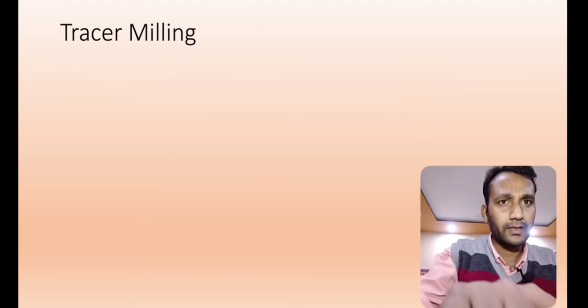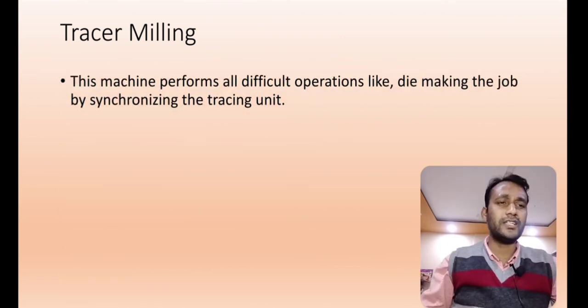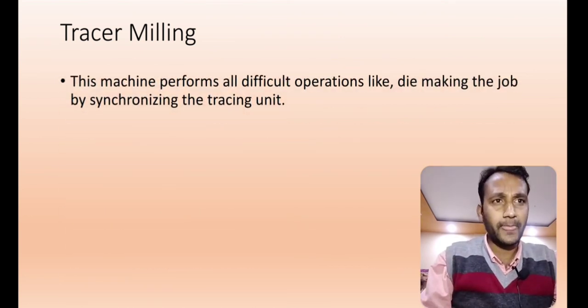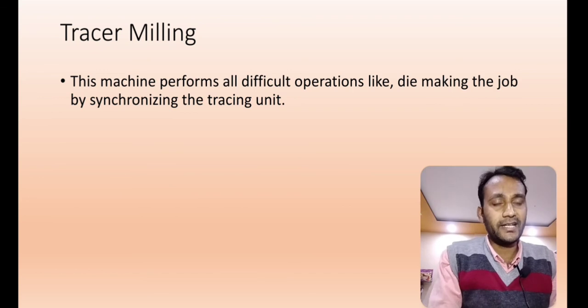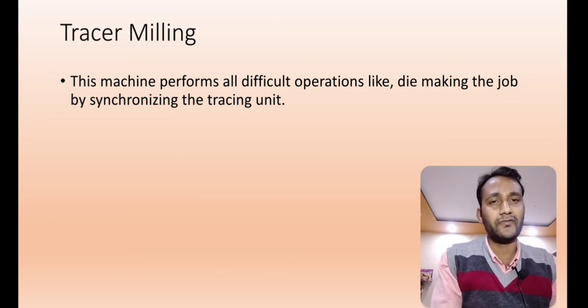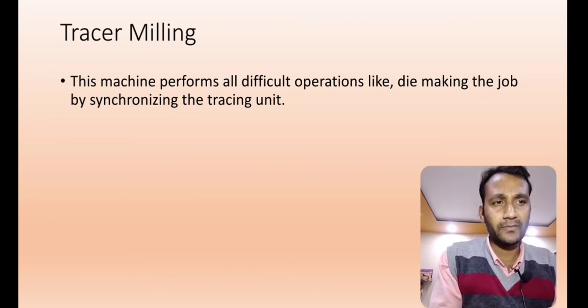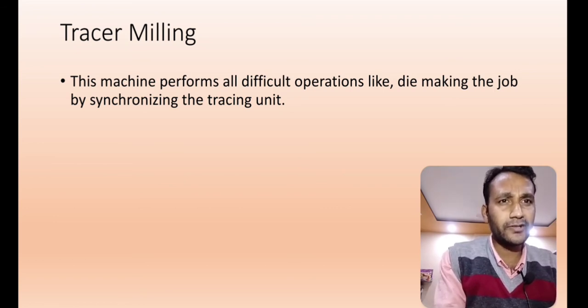Tracer milling is used for specific purposes, like preparing the die for injection molding or dies for aluminum molding machines. For this, tracer milling machines are used. And die making is done, you can see, by synchronizing the tracing unit.